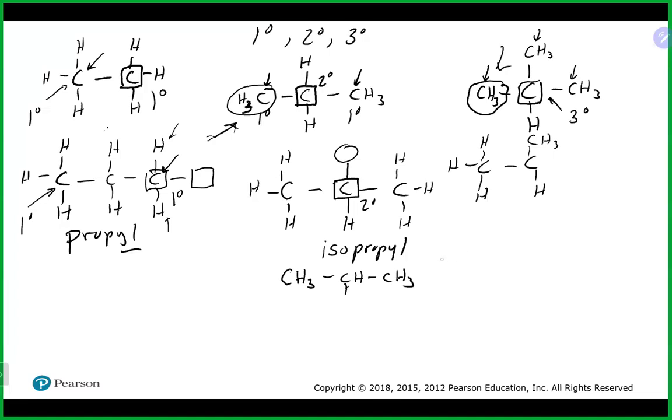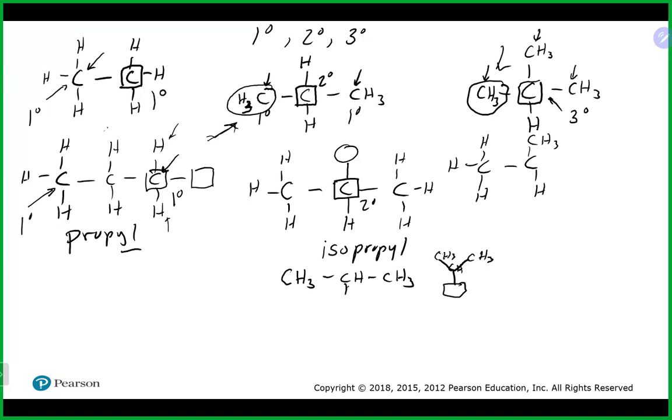In line structure, it looks like this. That's your CH3, your CH, and then your CH3 happening there. And this is where it would connect into a chain on the bottom part of it.